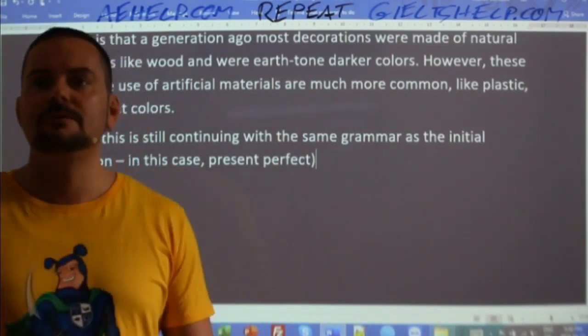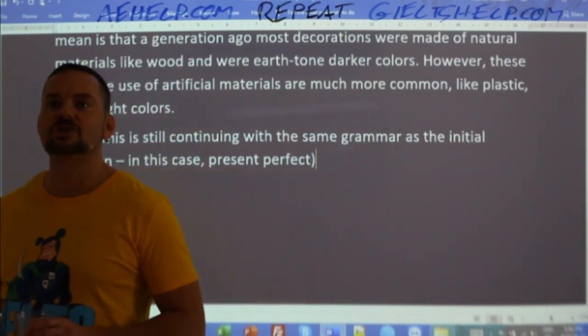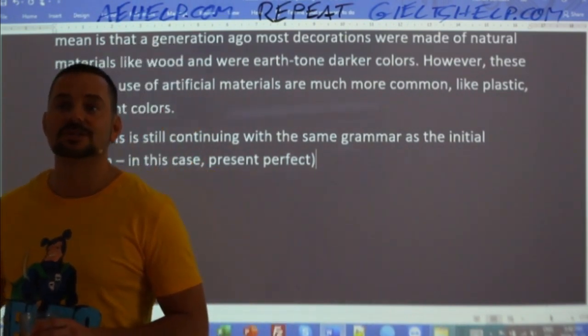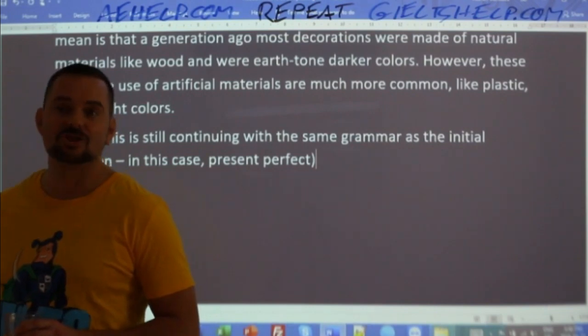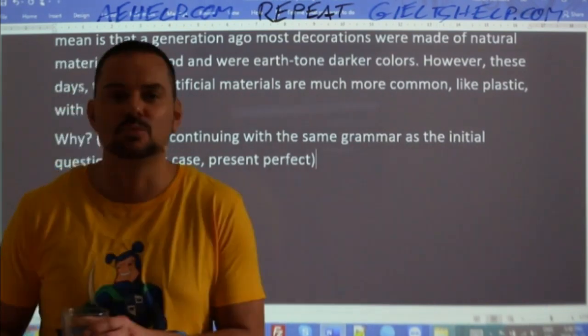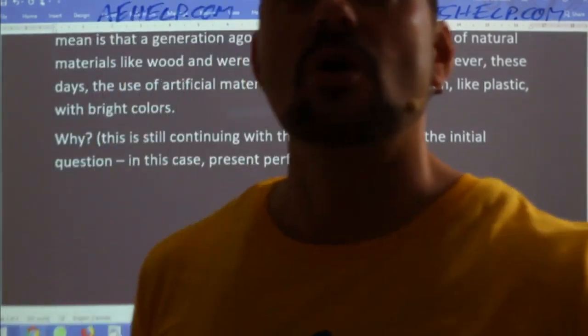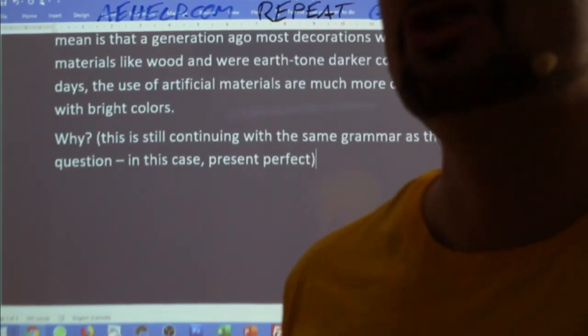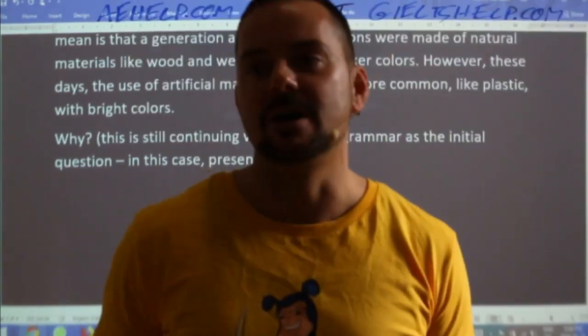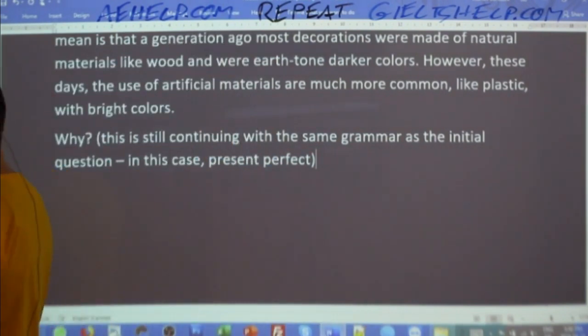Juan Pablo Avila says, because it has been cheaper for companies to manufacture artificial materials than using natural organic materials like wood. Absolutely, Juan Pablo. I was wondering when someone might say that it's also to do with cost, right? Natural materials these days have become very expensive, like mahogany, which is an expensive type of wood.